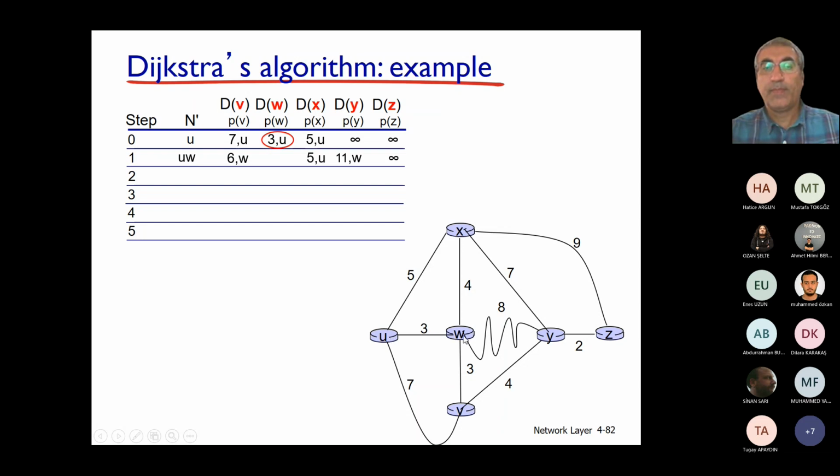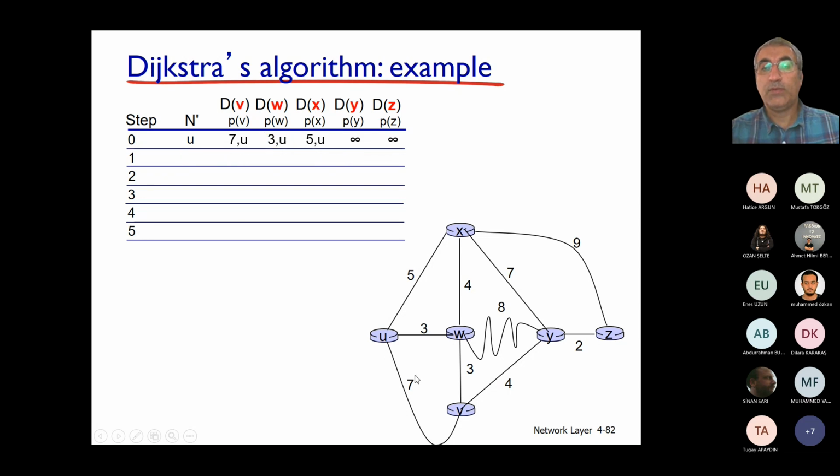So next, let's calculate for the V. So now we have 2 paths to the V. One of them is the previous, which has a 7, but now we have another new path through the W. So it's 3 plus 3 is equal to 6.